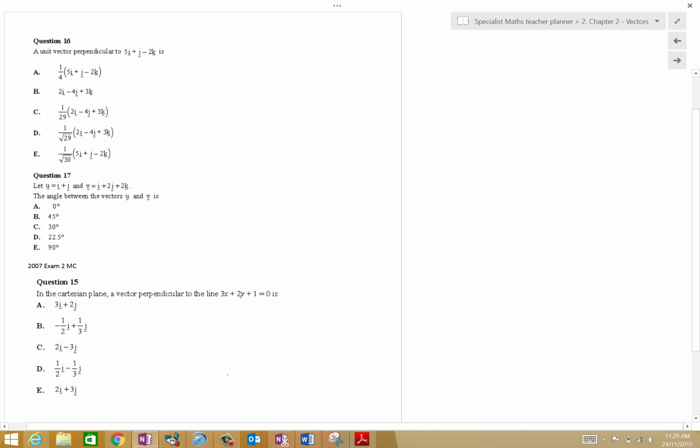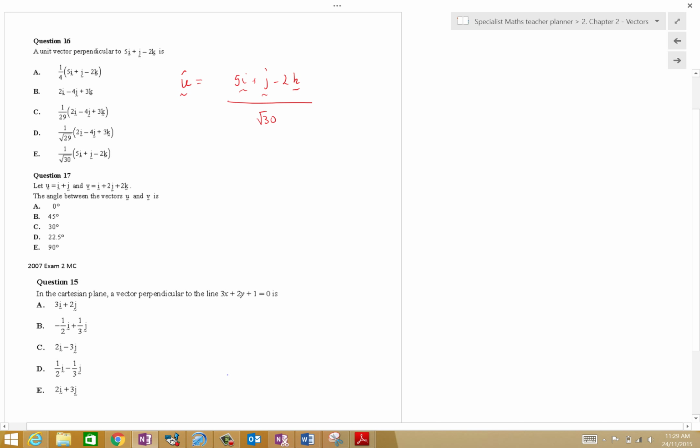Unit vector perpendicular to 5i plus j minus 2k. Well, let's find our unit vector. Our vector is obviously 5i plus j minus 2k, and our magnitude of that is square root of 30.